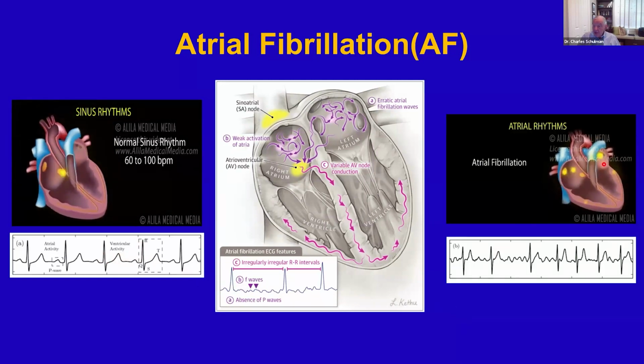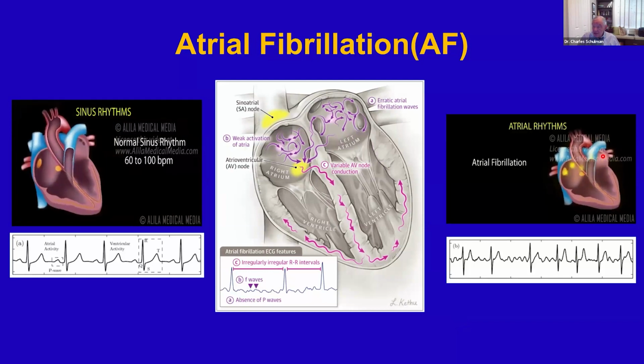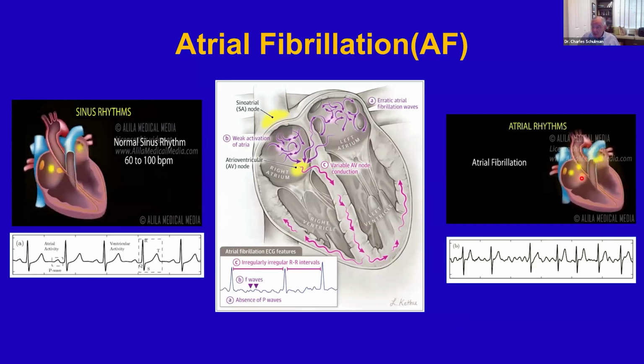With atrial fibrillation, there are upwards of 350 per minute of the wavelets of electrical activity beginning in the left atrium, bombarding the AV node, which cannot transmit all of them.